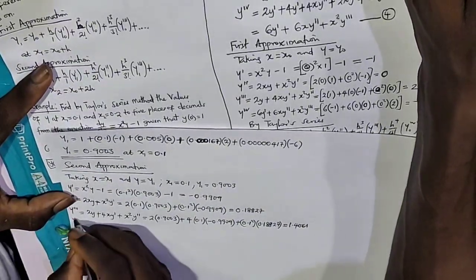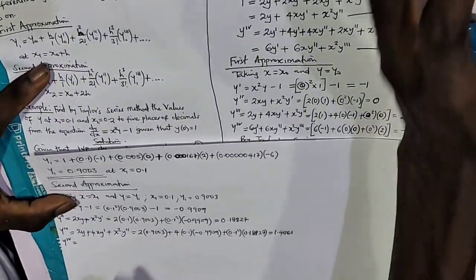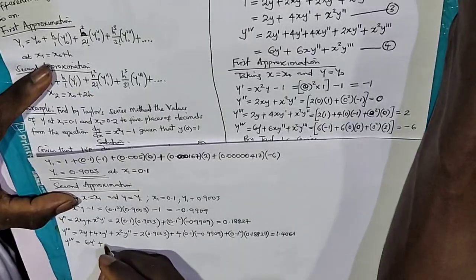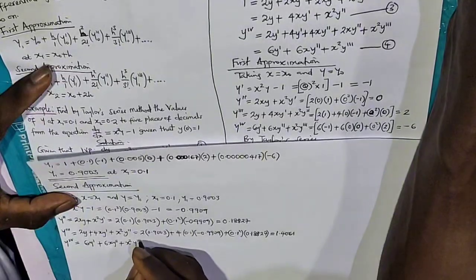And y to the power of 4, which is 6y prime plus 6xy prime prime plus x squared y prime prime prime.